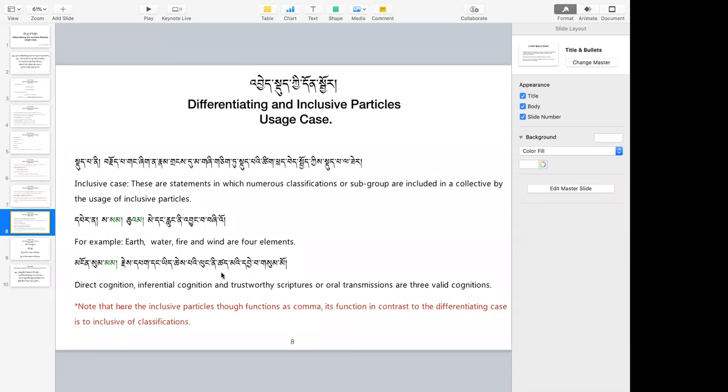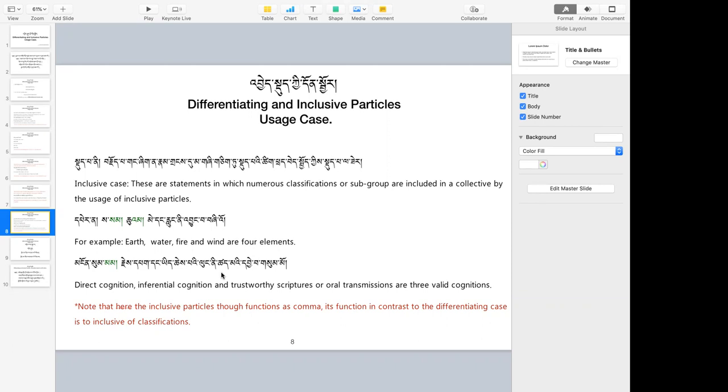And the second criterion is that the particle that does so should be the inclusive particle. Since both of these statements fulfill these criteria, these statements are understood as inclusive statements.